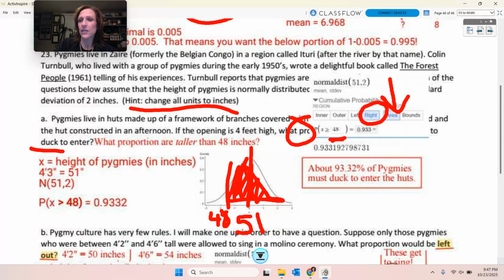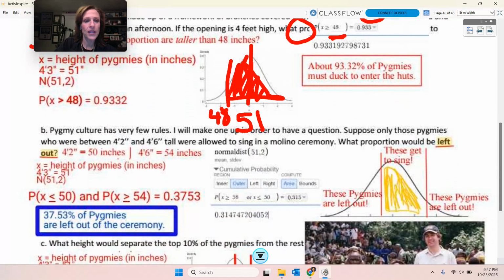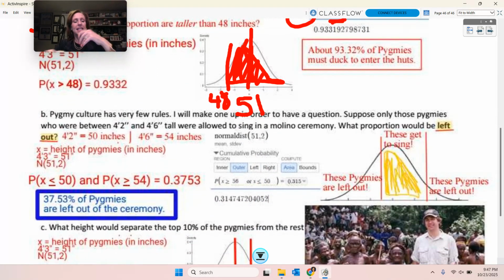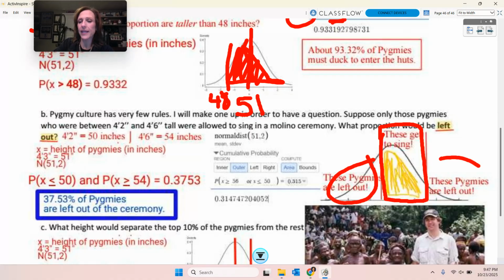Now the next one. This one's interesting. You had to be in this height range to get to sing in the ceremonies. So when it asks who would be left out, you actually have outer area that gets left out.